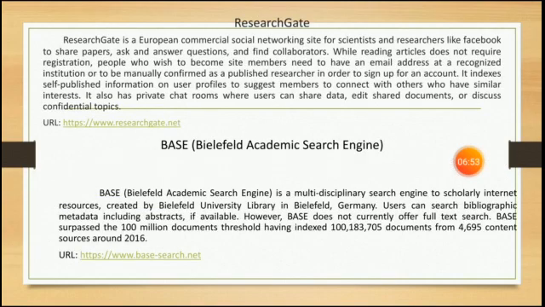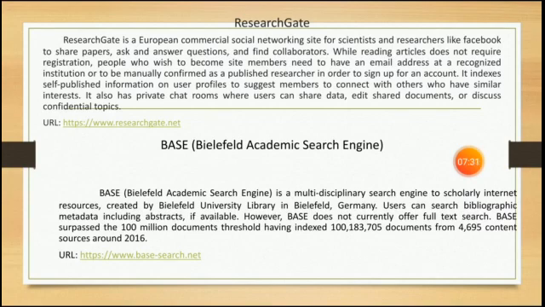Then comes ResearchGate, the most important and currently the hot website in the field of research, like a Facebook. It's a European commercial social networking site for scientists and researchers to share papers, ask and answer questions, and find collaborators. While reading articles, it does not require any registration. People who wish to become site members need to have an email address of a recognized institution, or be manually confirmed as a published researcher, in order to sign up for an account.